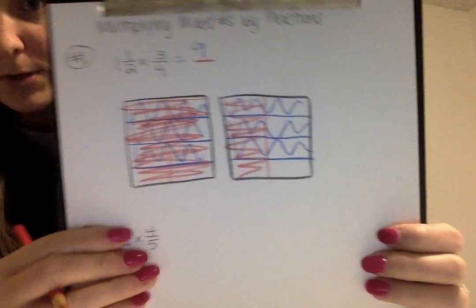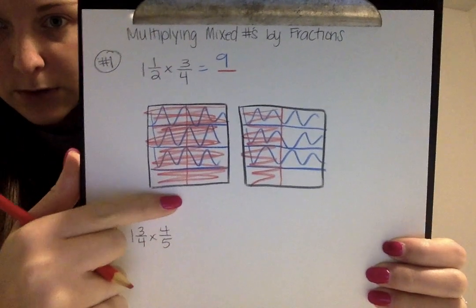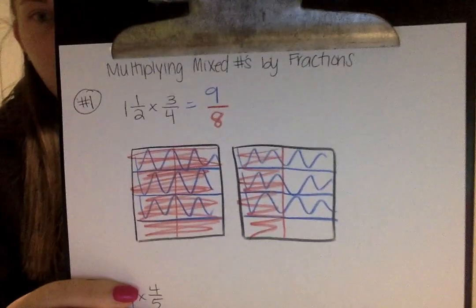Right, so I have 9 squares colored in blue or red, so that means that 9 is going to be my numerator. How many squares are represented in just one rectangle here? There's 8, so that's going to be my denominator. Again, the fraction 9/8 is an improper fraction, so I can set this up to divide and make it a mixed number.